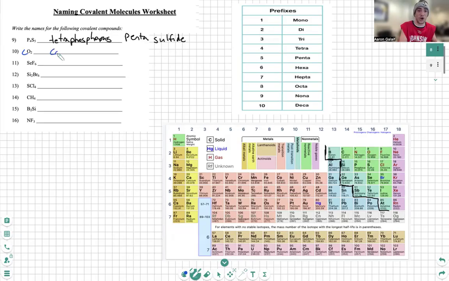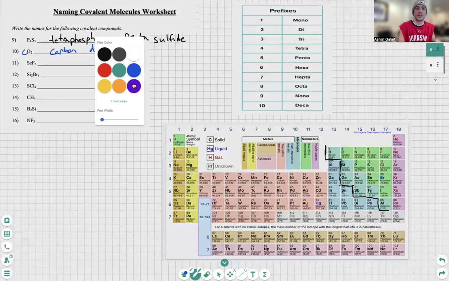So we just write carbon when the first term is by itself. Then we see how many oxygens. We find the prefix, dioxide. That's it. That should be fairly familiar because that's a very common compound, and now it makes sense why it's dioxide. All right, let's do the next one.